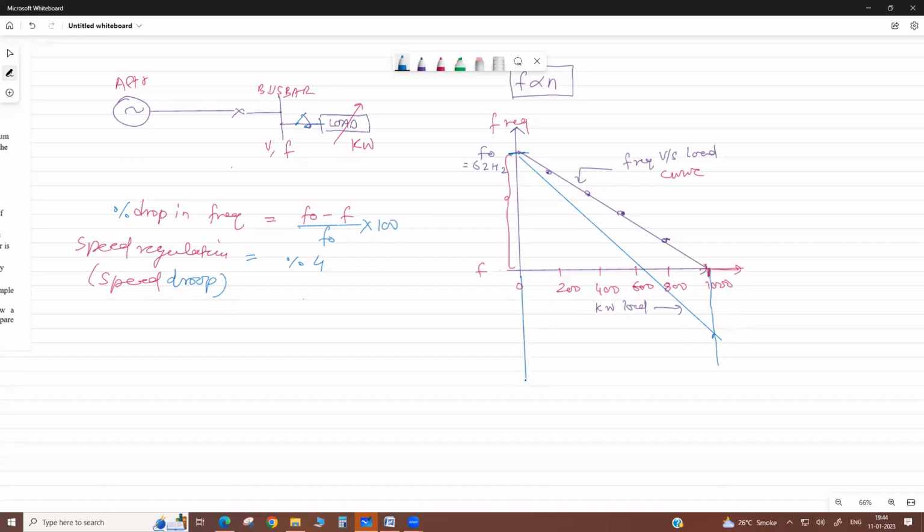What will be the frequency for 1000 kilowatt? Correct? So now the drop in frequency has increased, which means the percentage speed drop has increased. Now it becomes 5% or 6%. Okay, dear, this plays an important role when two machines are operating in parallel.